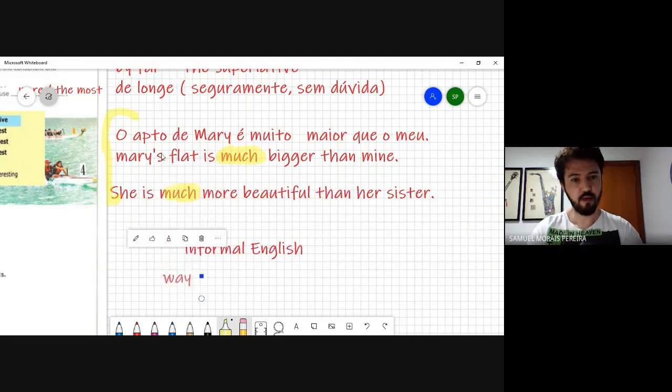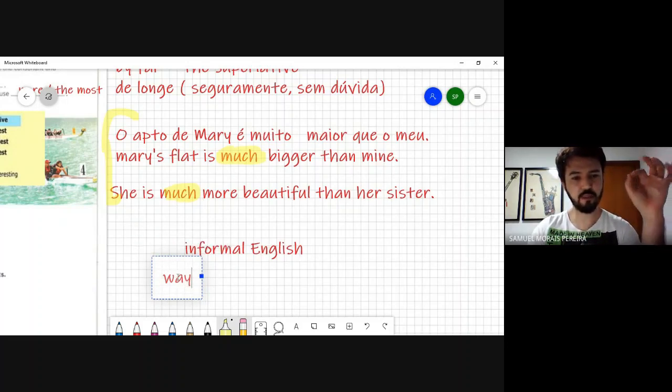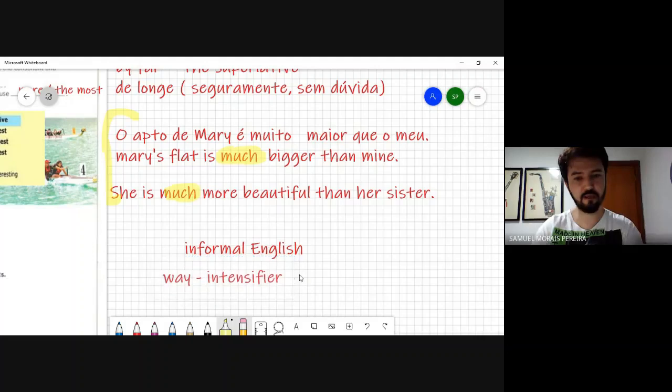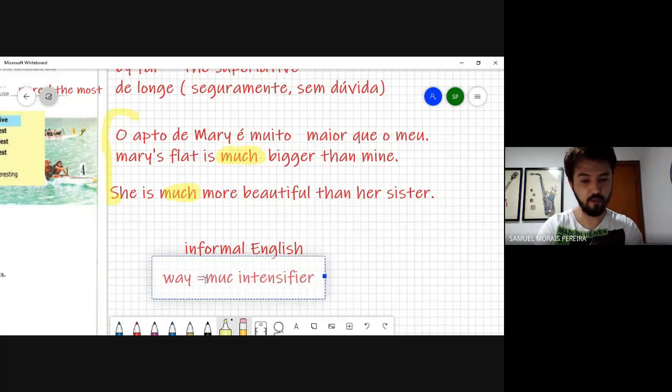Fica assim, ó. Mary's flat is way bigger than mine. She's way more beautiful than her sister. Então, esse way, ele tem também função de ênfase, tá bom? Ele é chamado de intensifier. Intensificador. Então, ele vai ser a mesma coisa que o much nesse tipo de frase, tá? Não é qualquer frase, não. Nesse tipo de frase, você pode usar o way.